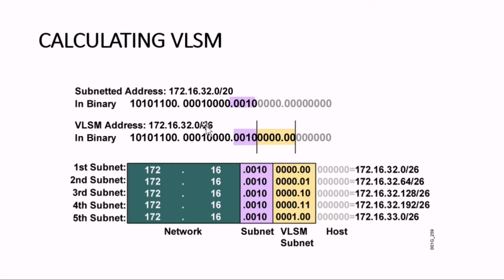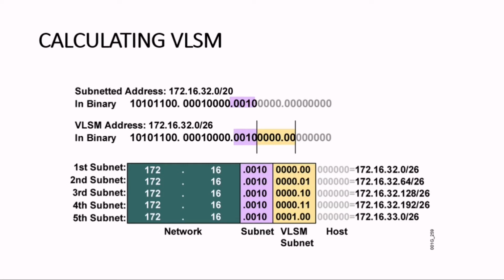With VLSM, basically we divide another part of the host to be the VLSM subnet. So we have a network range, we have a subnet range, and then to efficiently use the IP addresses, we subnet the subnet using VLSM.